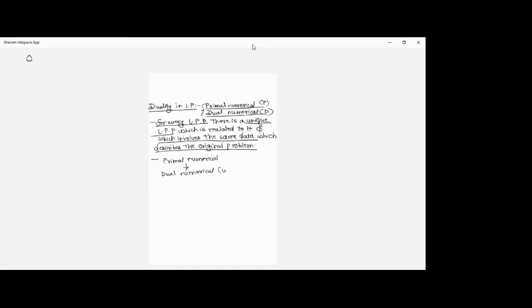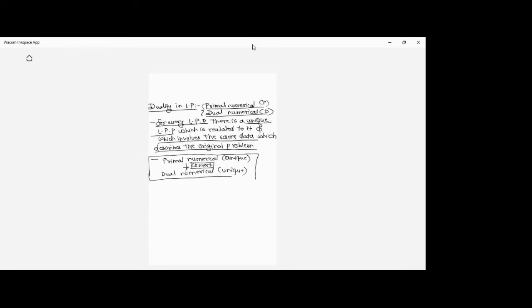This dual numerical is unique, and let me write here: convert. So I can convert a primal numerical into a dual numerical, or vice versa. I can even convert a dual numerical into a primal numerical. Your primal numerical is also unique, but after conversion you get a unique dual numerical.